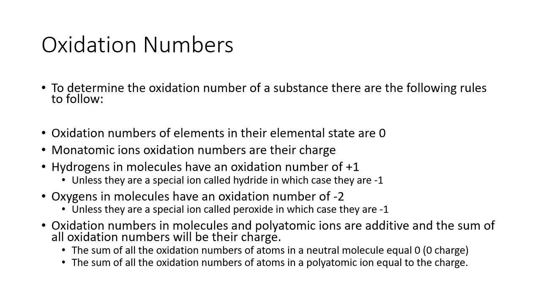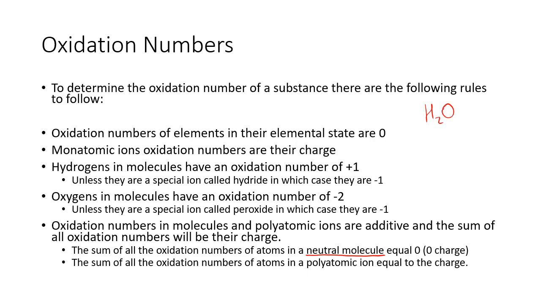Then lastly, this is the one that becomes a little bit harder. Oxidation numbers in molecules and polyatomic ions are additive, and the sum of all oxidation numbers will be the charge. Let's deal with neutral molecules first, like H2O.